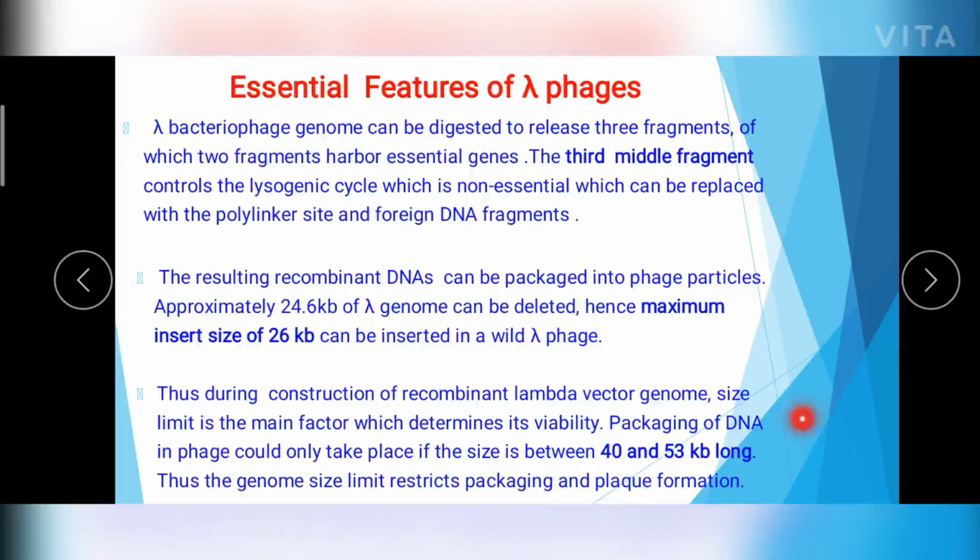During packaging of the DNA into the phage head, the size should be a minimum of 40 kb and a maximum of 53 kb. If the size is less than 40 kb or more than 53 kb, the lambda genome fails to get packed into the head of the virus. Thus the genome size restricts packaging and plaque formation, which helps in easy screening of the transformed cells.